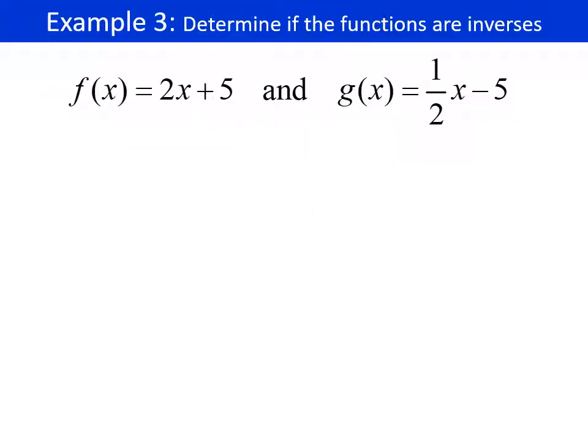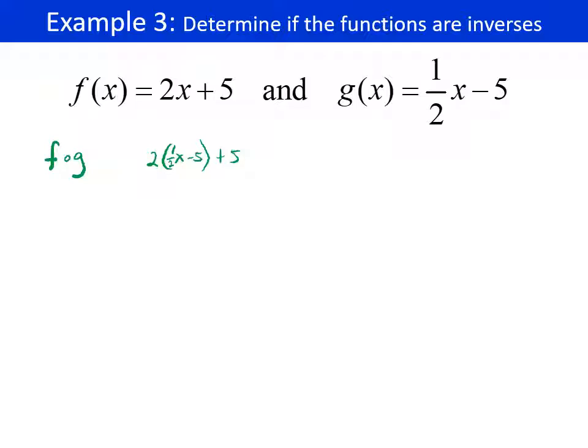To determine if two functions are inverses, we do the function composition and see, do we get just an x? So here's the function f, 2x plus 5, and then the function g, 1/2 x minus 5.